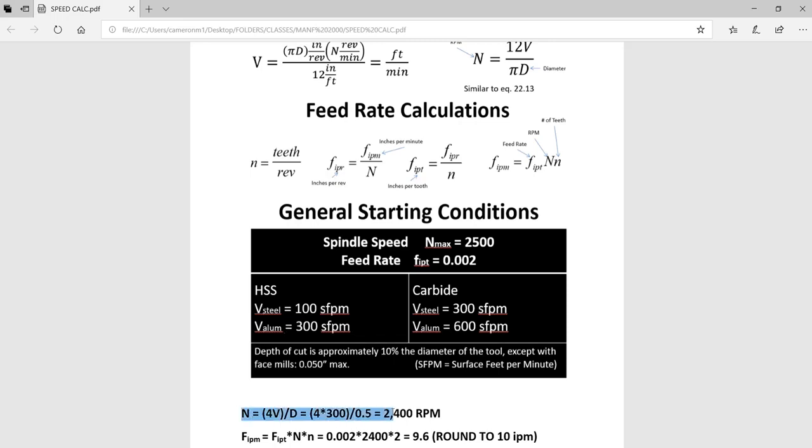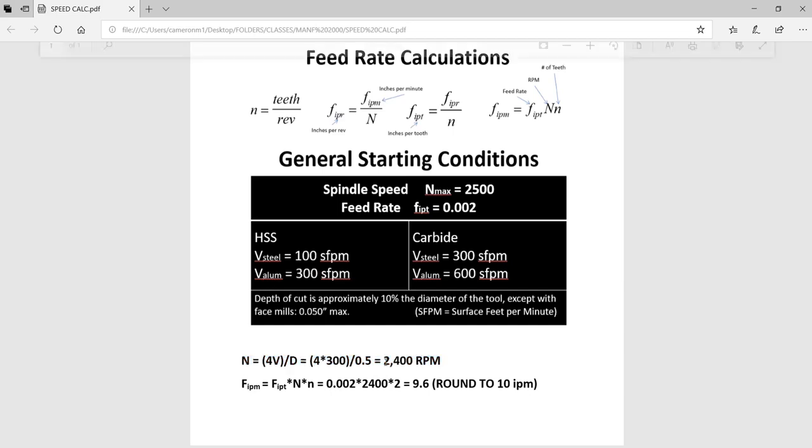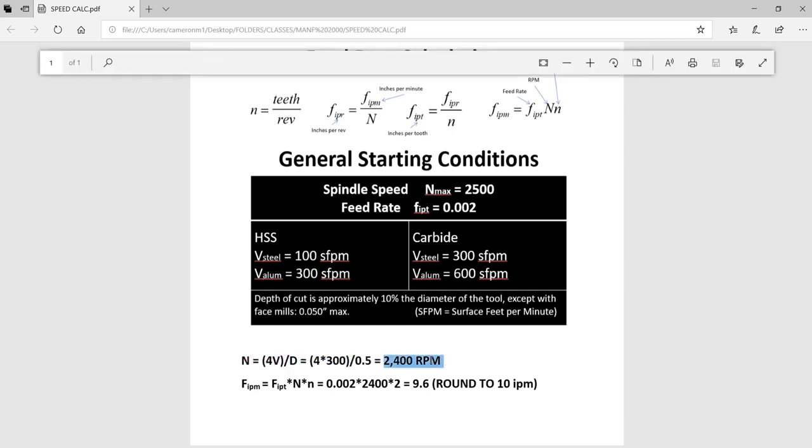Looking at our equation, it's 4 times V, where V is our surface speed. We're using high-speed steel tooling in aluminum, so our surface speed is 300 surface feet per minute. We divide that by D, our diameter, which is 1/2 inch. That gives us a spindle speed of 2,400 RPM.